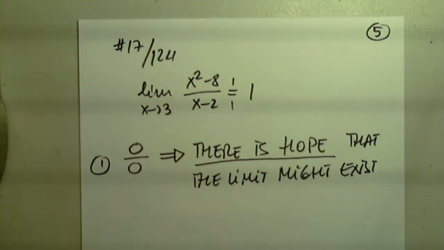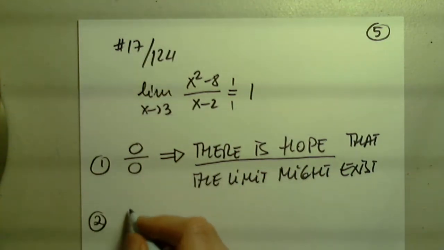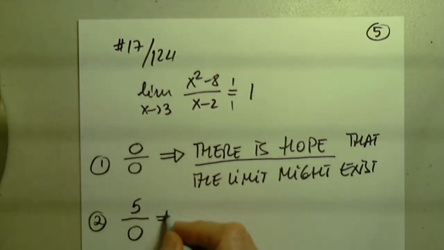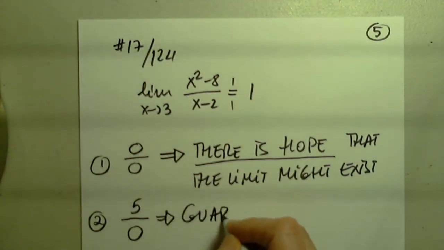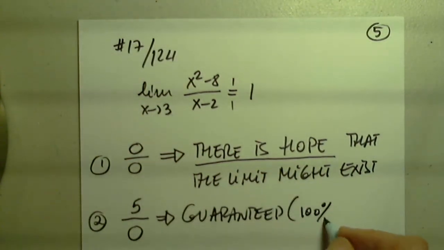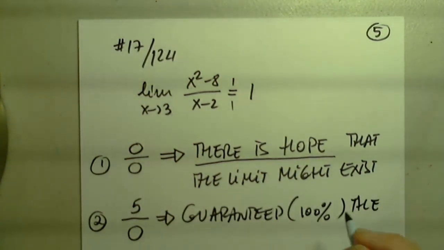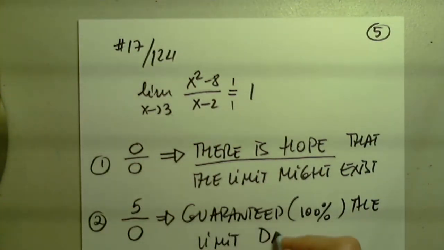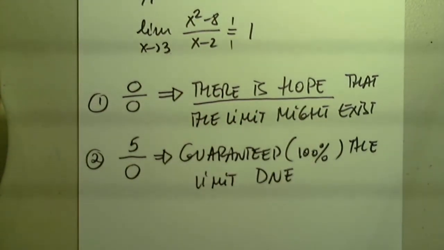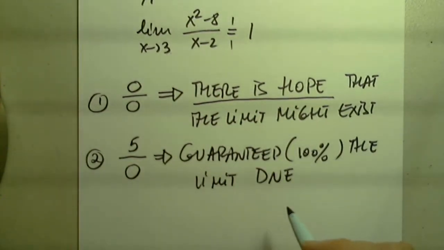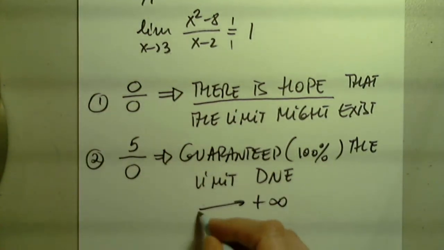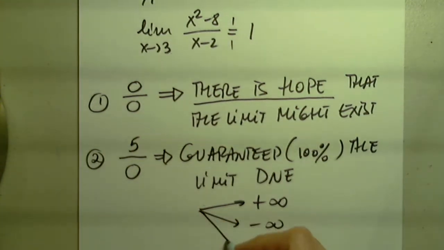This is one case. The second case is any number, I'm just going to pick 5, divided by 0. This is guaranteed 100%. The limit does not exist. Absolute guarantee. But the exact answer in this case could be positive infinity, negative infinity, or DNE.